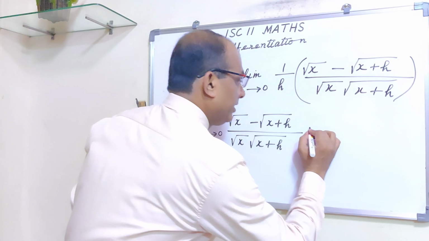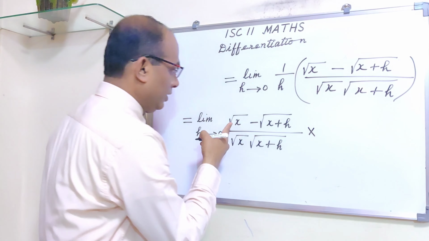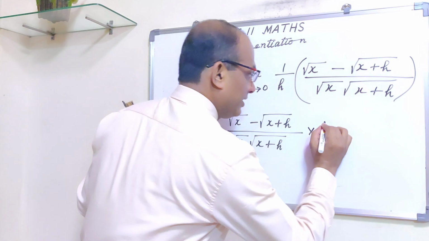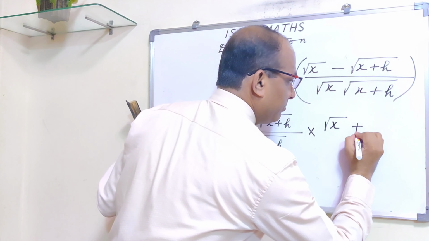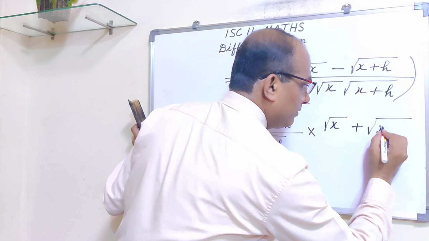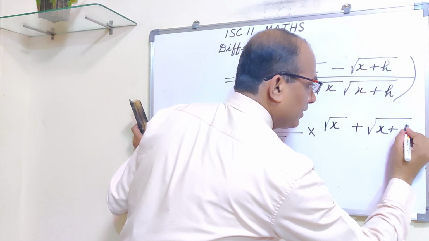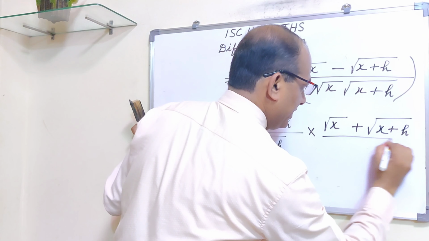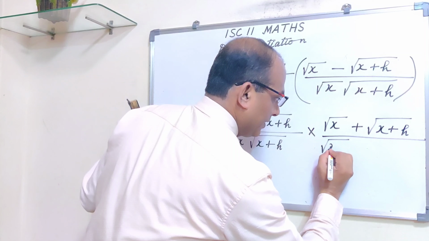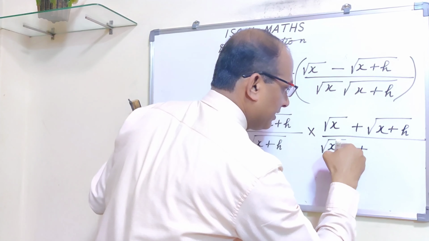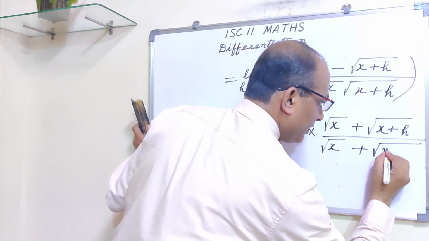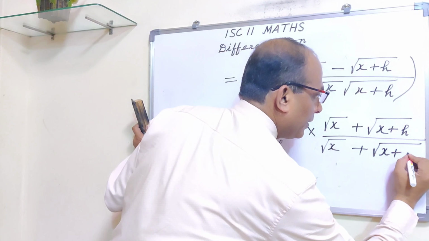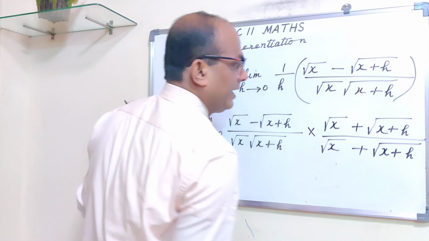Alright, so we multiply by root x plus root of x plus h, root x plus root of x plus h.